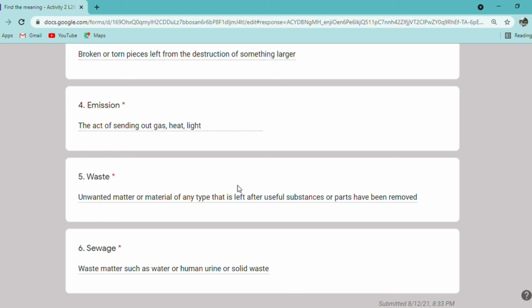Sewage is waste matter such as water or human urine or solid waste. Have you got all the answer? Don't worry if your answer is different from mine. If you are using the dictionary, I think the answer is quite similar to the one that I have written just now.